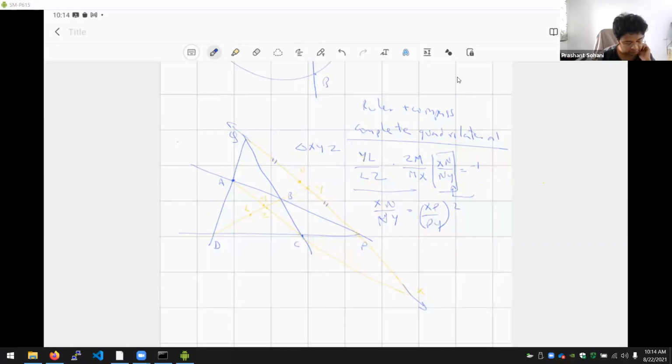And by the way, there's nothing special about point P. This is also equal to xq upon qy whole square. The xp upon py and xq upon qy have opposite signs, but when you're taking the square, it doesn't matter.